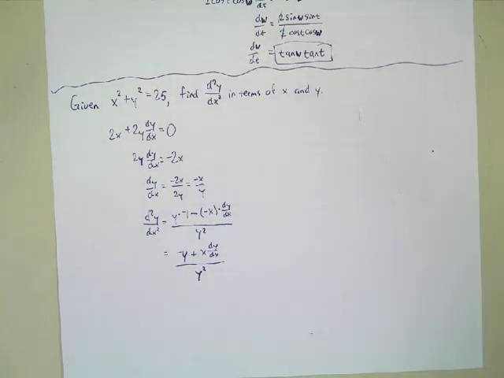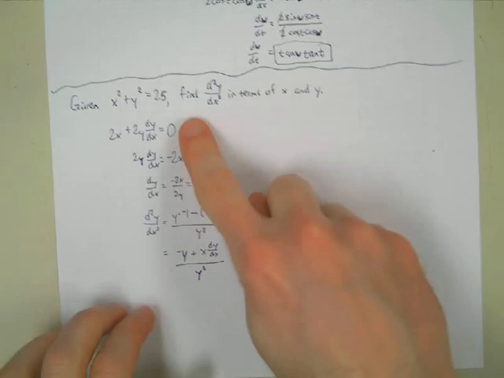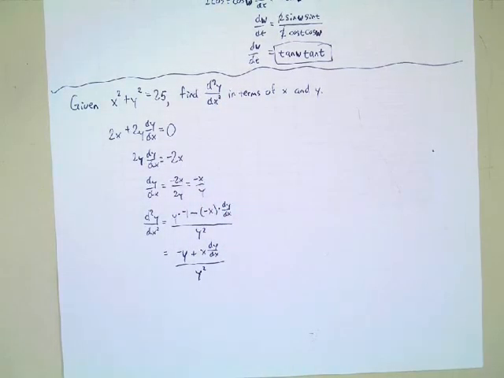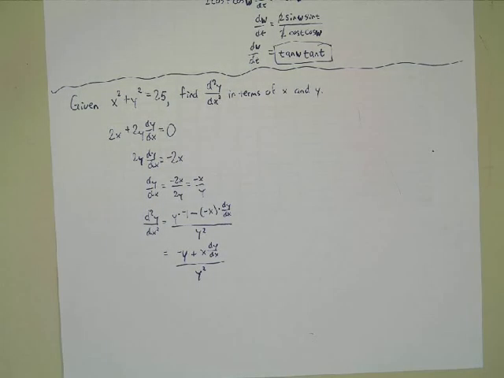Have we found d squared y/dx squared in terms of x and y? So those of you saying no, why not? Oh, because you wanted it to be in terms of just x and y. Is it in terms of just x and y? No. What else is in there?